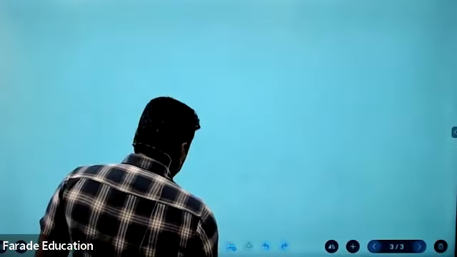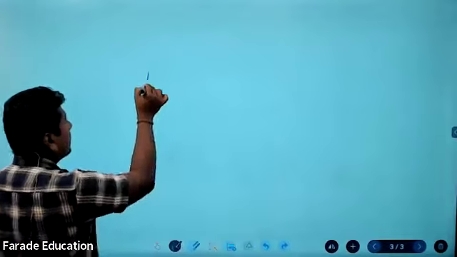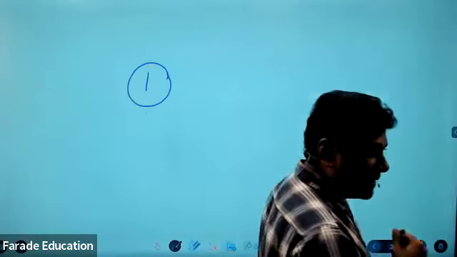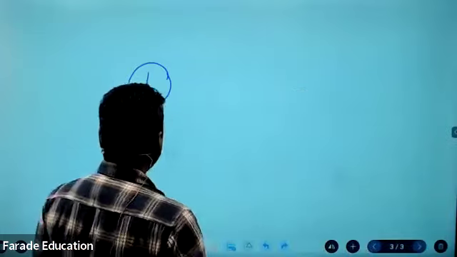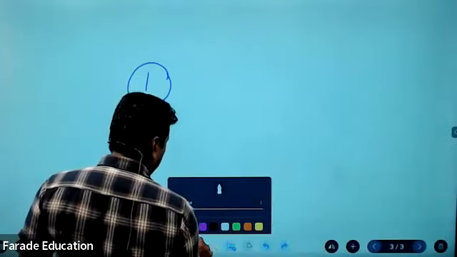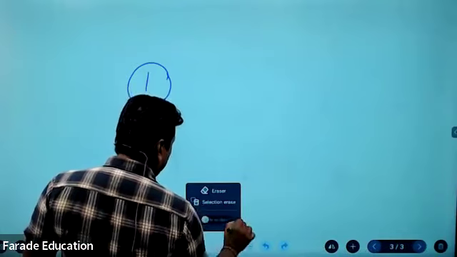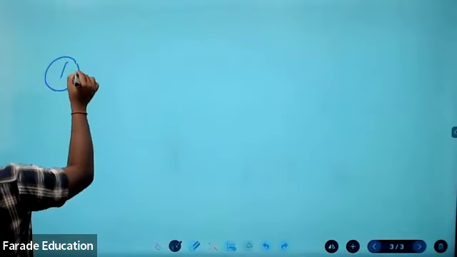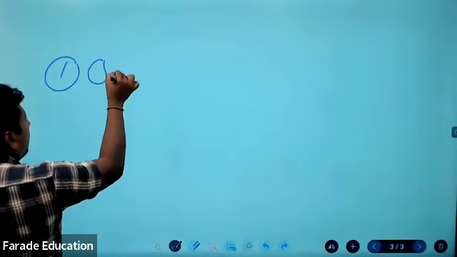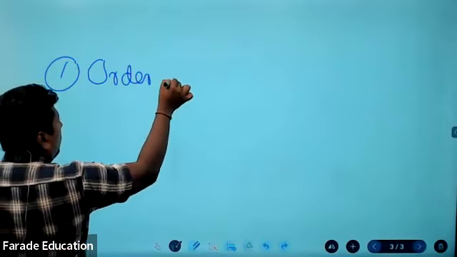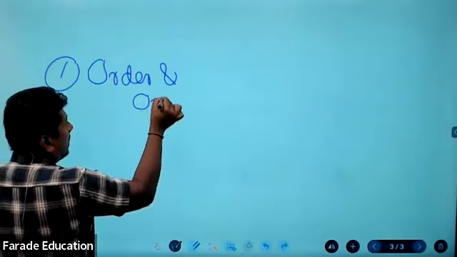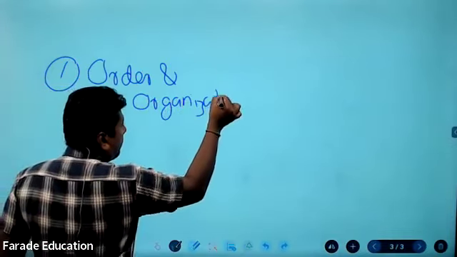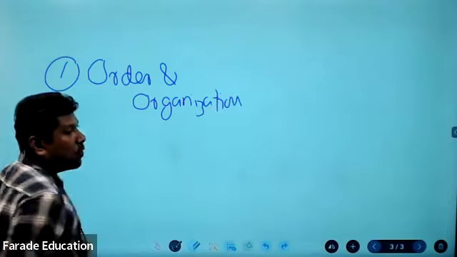Starting from the first feature of organisms, the first one is order and organization.